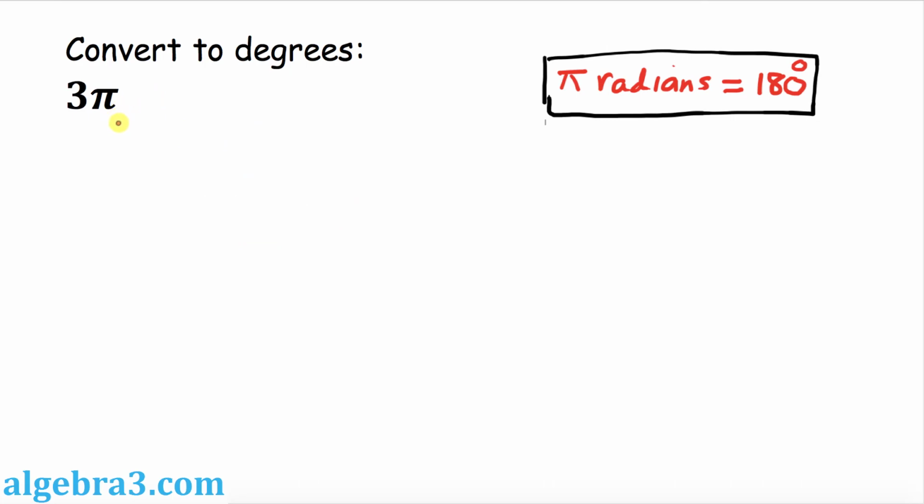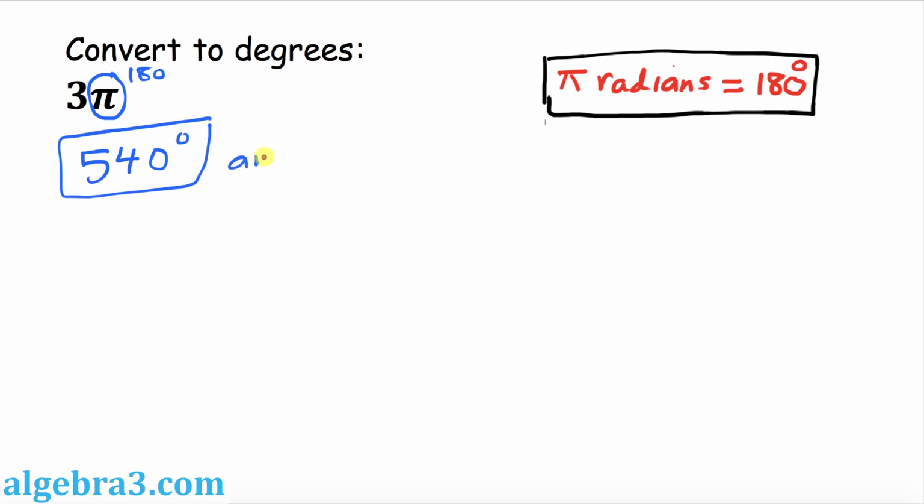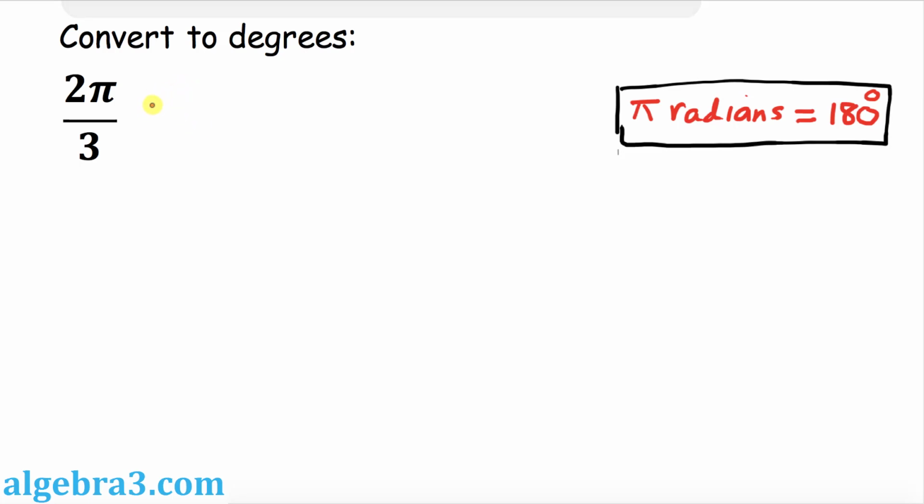How about this example? We have 3 pi. Once again, as I told you before, whenever you see pi, you just simply replace it by 180. So 3 times 180 is going to be what? 540 degrees, and that is your answer. How about this example? We have 2 pi over 3 radians and we want to convert to degrees.